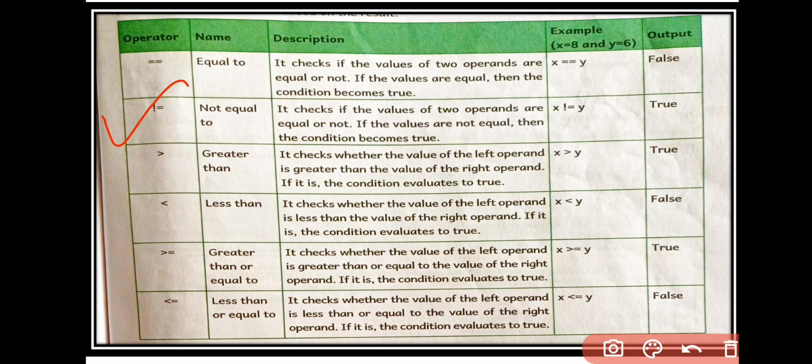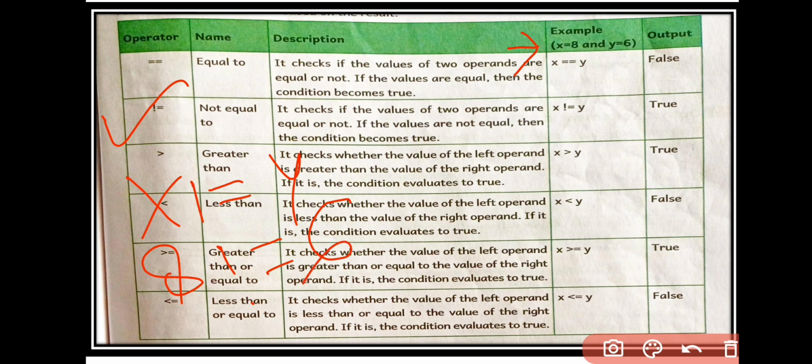For example, x not equal to y, where x is 8 and y is 6. So 8 not equal to 6.